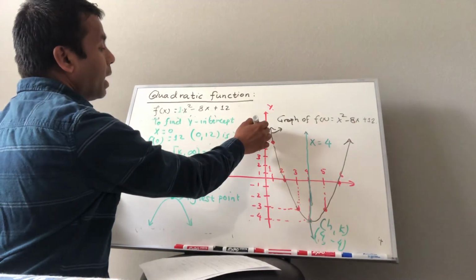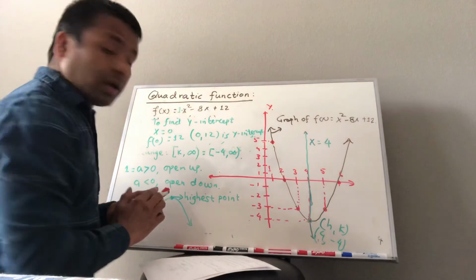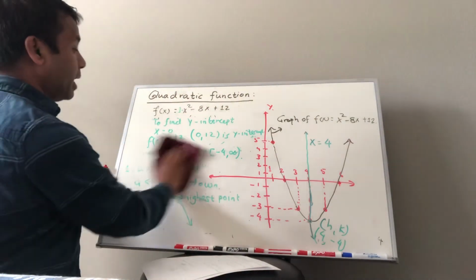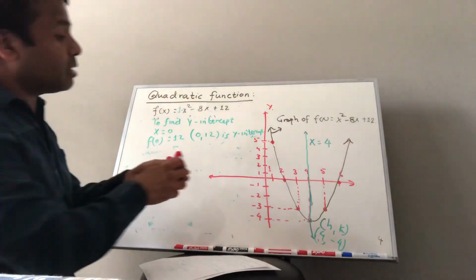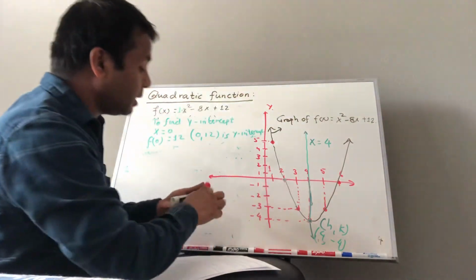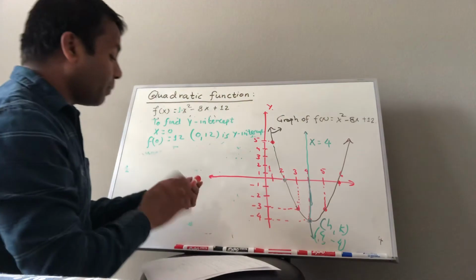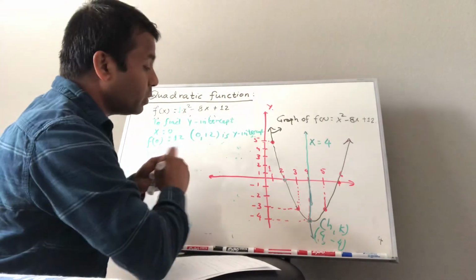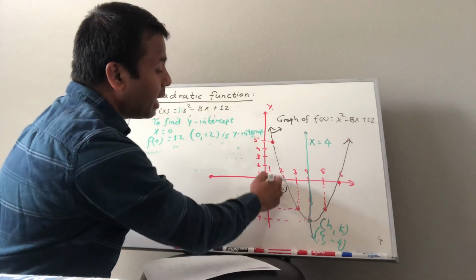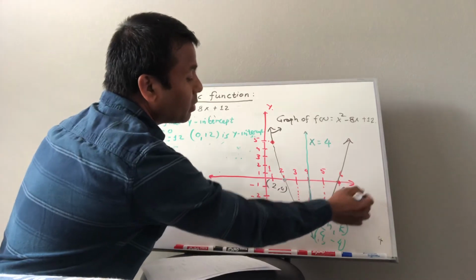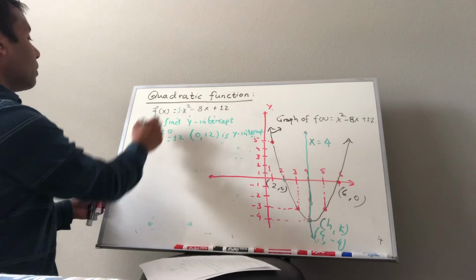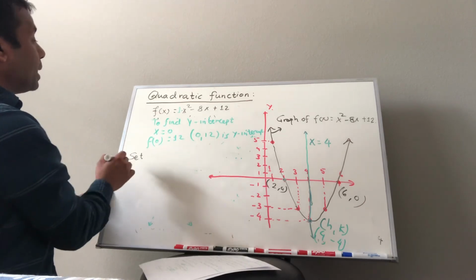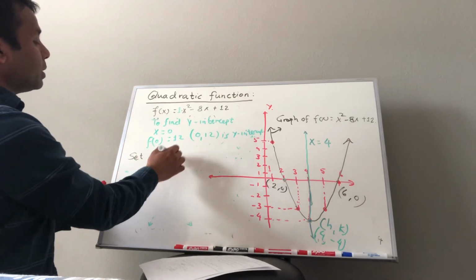And if you want to find the x-intercepts, if you look at the graph, it's pretty easy. This point is 2 comma 0 and this point is 6 comma 0. Or you can find them by setting f(x) equal to 0.